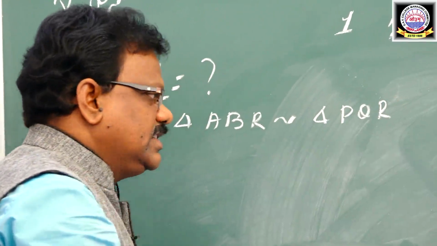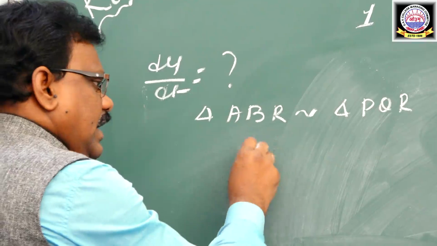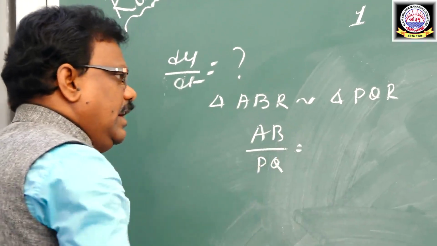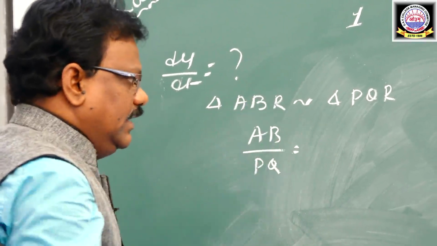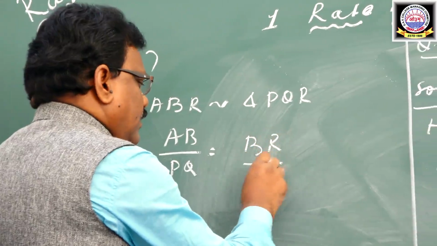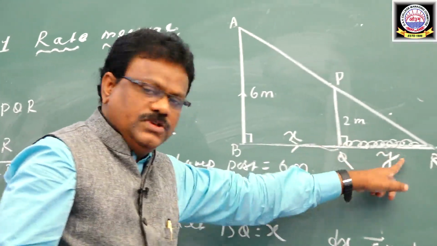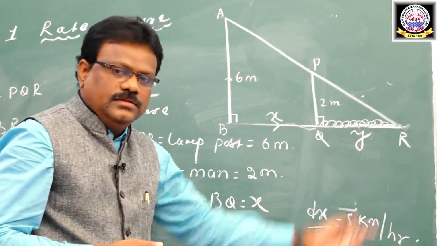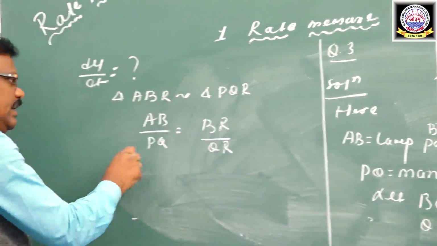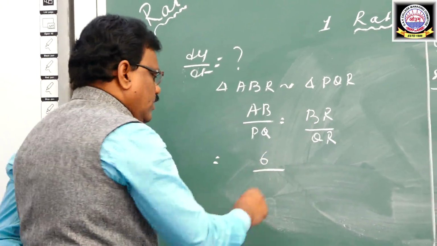By using the concept of similar triangles, I can write AB by PQ, AB being for the big triangle, equals BR by QR. Just put the values, then you will get one relation. AB is 6, PQ is 2.